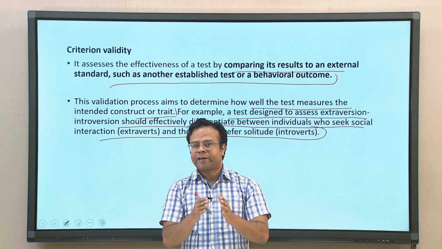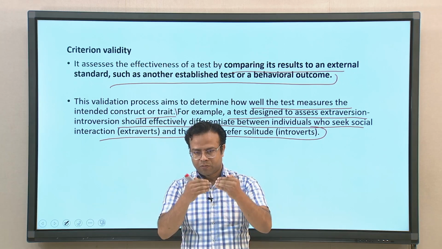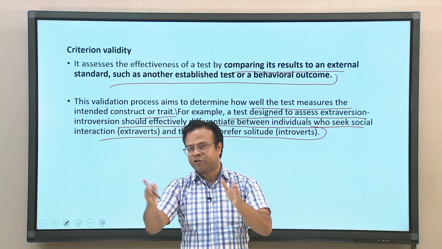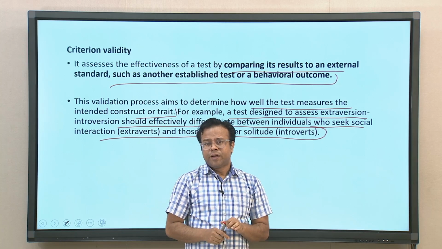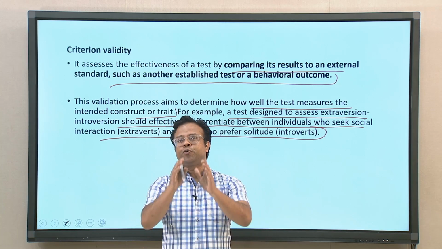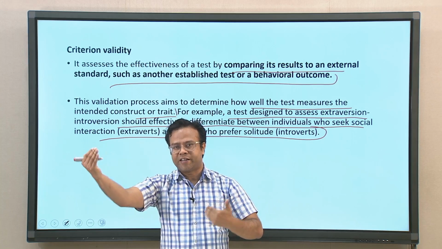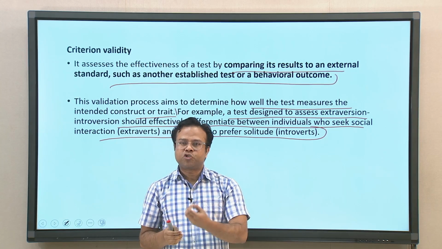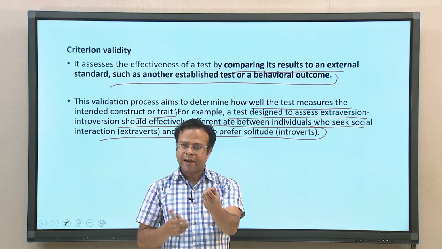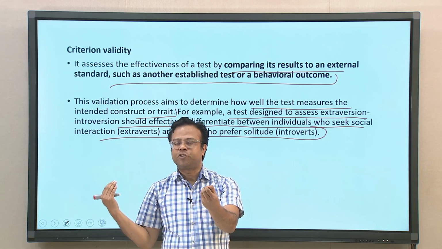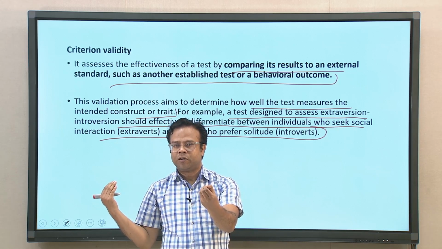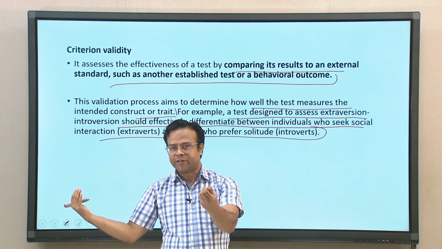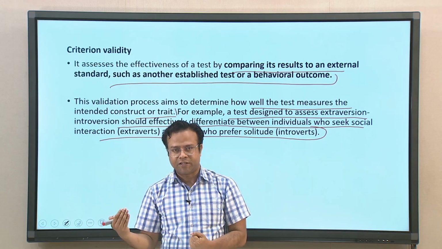Now, if your test, which is developed to measure introvert and extrovert, is able to differentiate these tendencies of people, then it has criterion validity. If somebody scores high on extrovert and you see these people are more likely to socialize and are seeking social connection, that means your scale is valid.